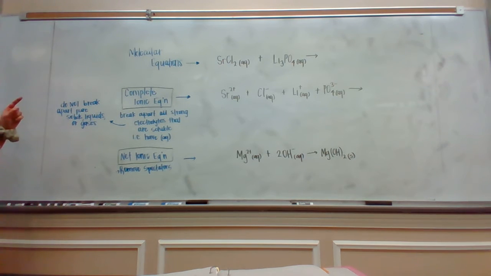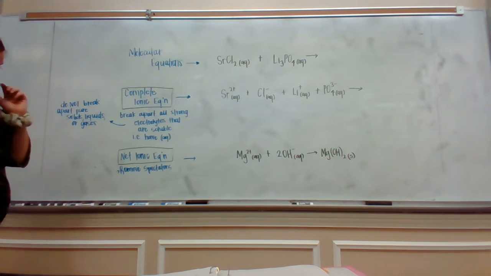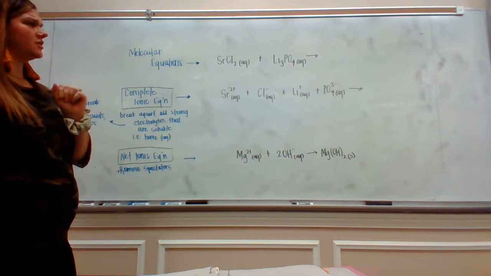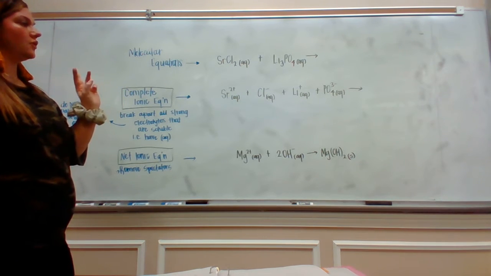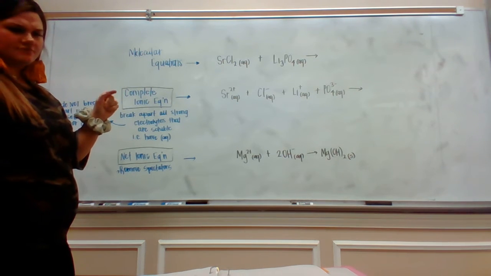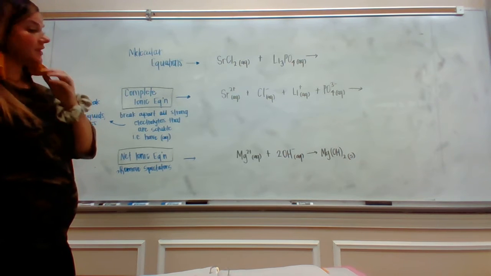So we're going to put Sr with the phosphate ion and then lithium chloride together. Lithium chloride, I know it's soluble. So let's check on strontium phosphate. I believe it's insoluble, right?